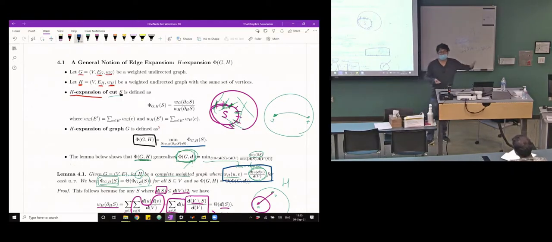So H says what the demand is, what it means to be well connected. And G is the graph whose connectivity you want to estimate.